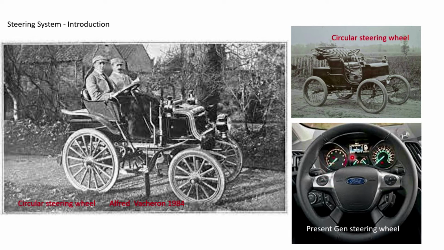It also has the most important one, the airbag, which is another safety item in the car. This is how the steering wheel developed from a tiller stage to the circular steering wheel and the advanced circular wheel stage, which is also considered an ergonomic item in the cabin.